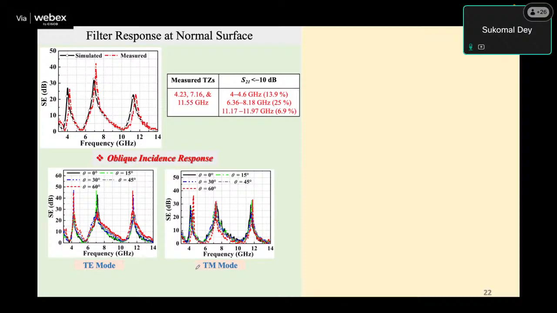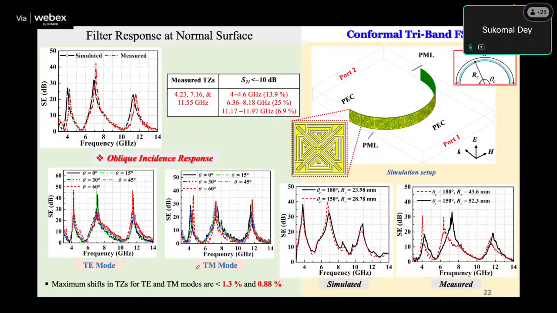Sir, I am asking about absorber type of FSS. See, in the case of an absorber, is it necessary to calculate the shielding effectiveness? No, it is not compulsory. Correct. In an absorber, you only concentrate on the absorptivity of the absorber.